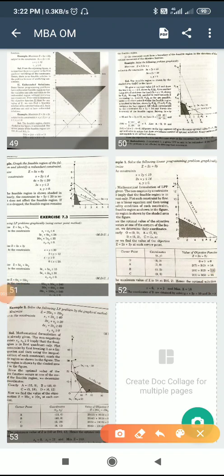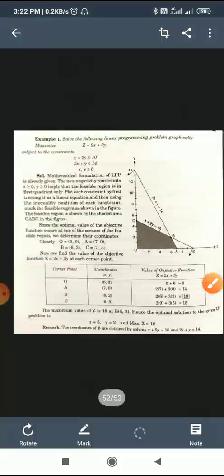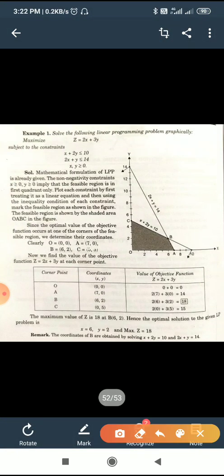So we take the example of graphical method using point corner method. First we take the example of point corner method, taking the LPP, maximize Z, with two restrictions, and the third one is the non-negativity condition.